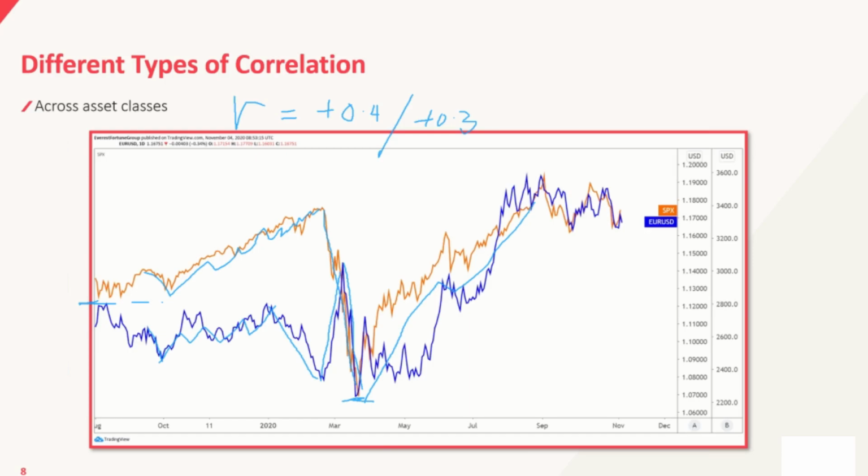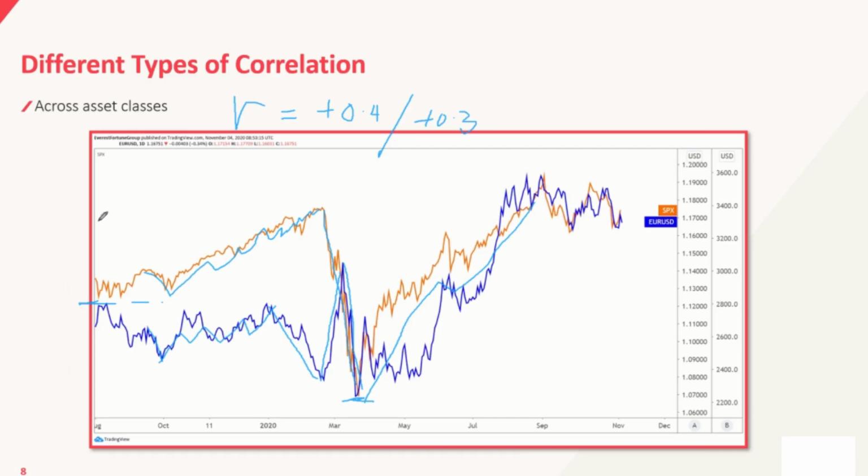So this simple exercise, generally most of you are correct when you say that they are positively correlated, but euro dollar and the SPX is not entirely positively correlated. As you have seen, it swings from negative to positive, back to negative, back to positive. But it tends to be more positive than negative. So this is how we can look across asset classes.